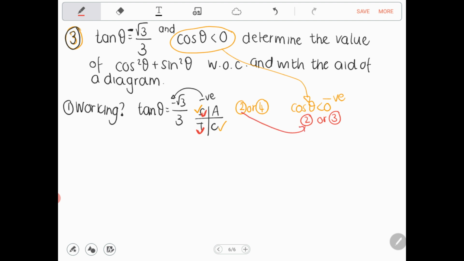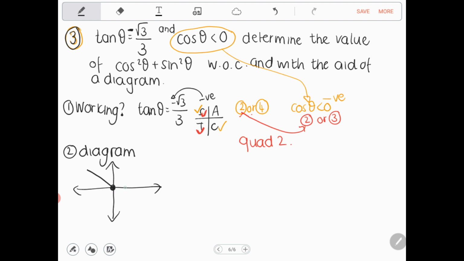So r squared is going to be 12. And then I'm going to square root both sides. And r is always positive, so I don't worry about a positive and negative. It has to be the square root of 12. Okay, so now I've got my x, I've got my y, and I have my r. So now I can go and answer the question.